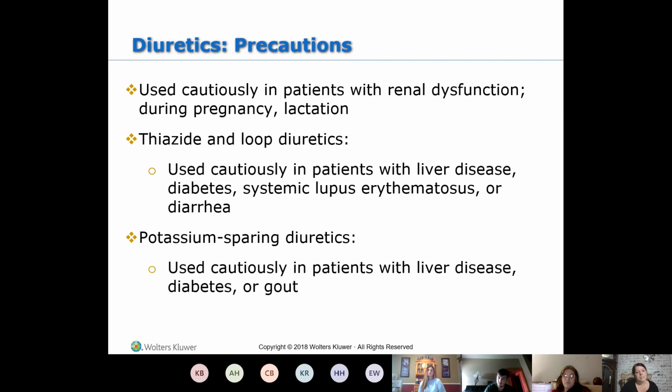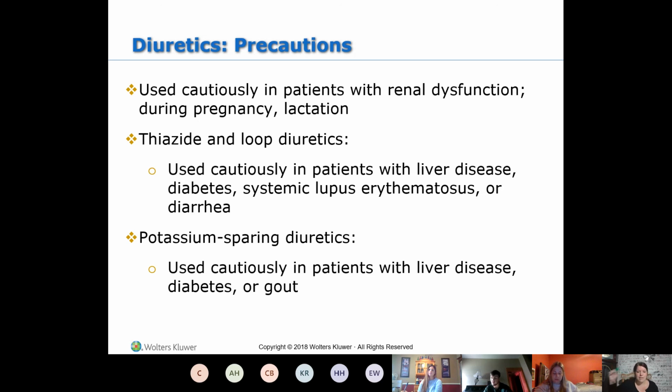And then most medications are used cautiously in patients with liver disease. Why? What does our liver do? Like filter bile. Filters bile, it does. But in regards to medications, it metabolizes. Whenever y'all don't tell me that, it makes me a little bit nervous.